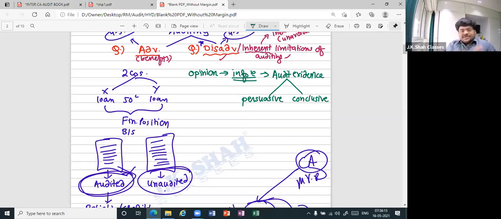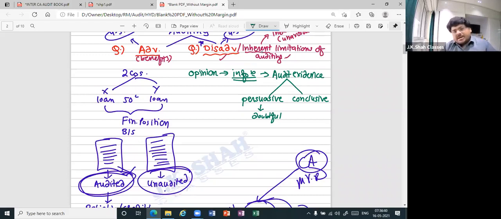One, persuasive. Second, conclusive. Now, what do you mean by persuasive? Listen carefully. Persuasive means it seems correct. It seems correct, but I don't have 100% surety that it is correct. It means I have doubts. So any information which is basically doubtful is known as persuasive.